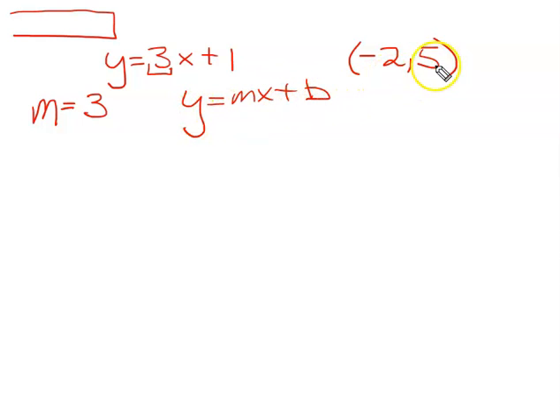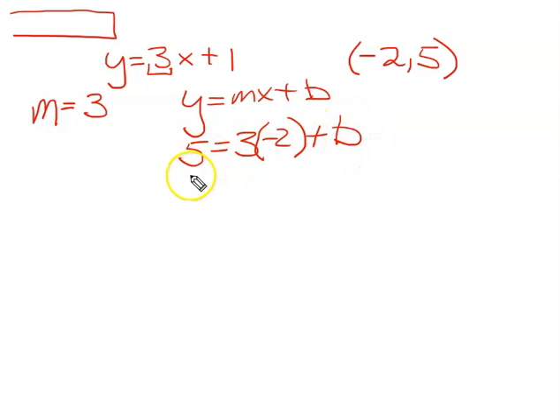So what's our y value here? Well, our y value is 5. What's our slope? Well, our slope is 3. What's our x value? A negative 2. Now, what we don't know is what our b value would be. So in a sense, we have to solve for the b.